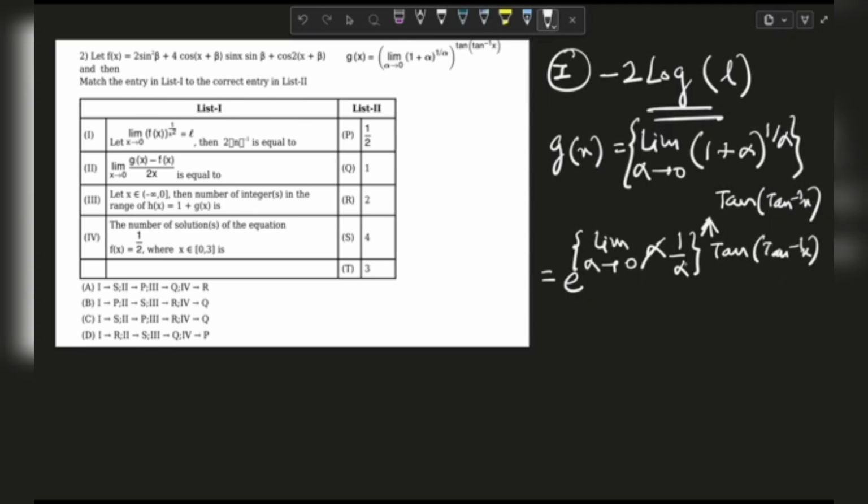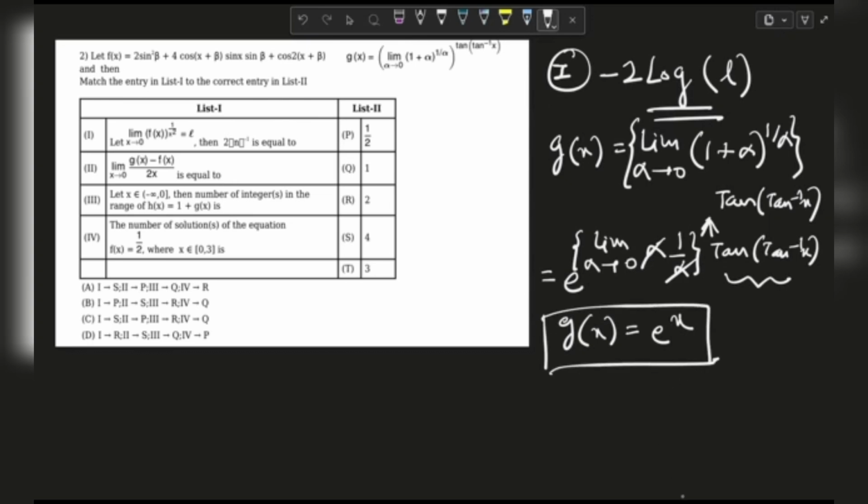So this becomes 1, and tan of tan inverse x, I guess no particular range is given, so why fiddle with this? Let's put it plain simple x. So g of x comes out to be e power tan of tan inverse x, which is e power x. This is our g of x.